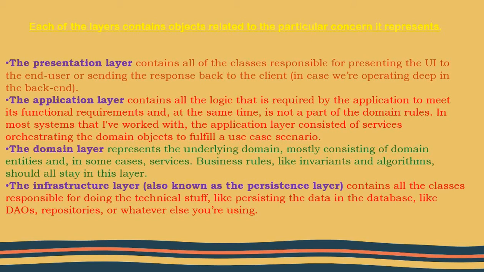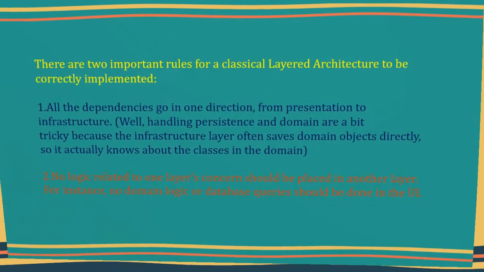This is also known as the persistency layer. Basically, it contains the classes which are responsible for doing the technical stuff. When we say technical stuff, it means your database, DAOs, repositories, etc., which come under the infrastructure layer.